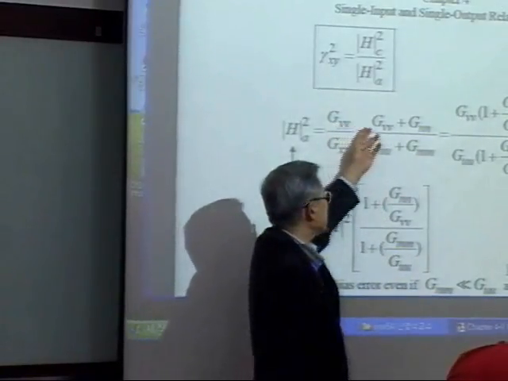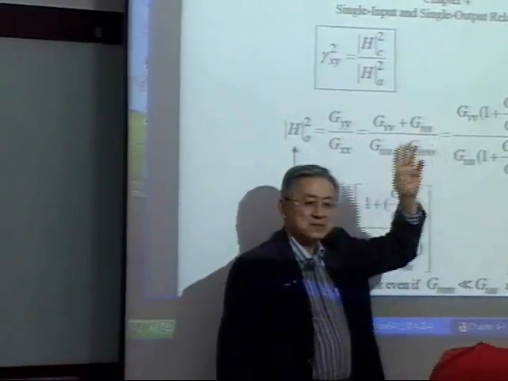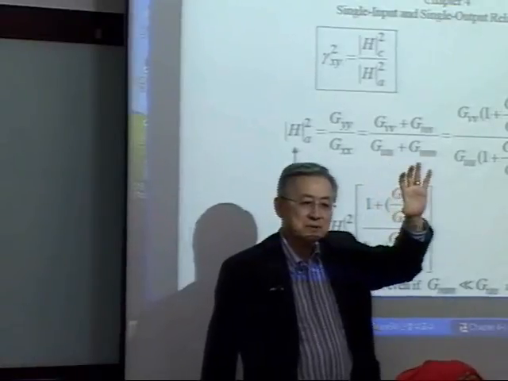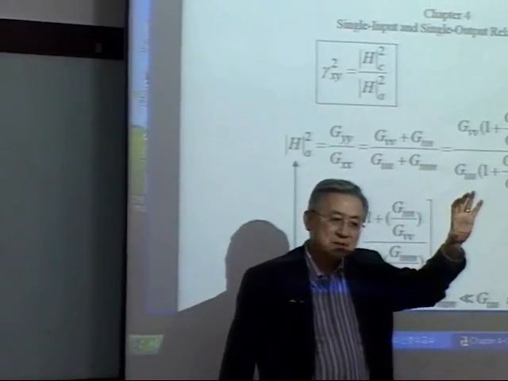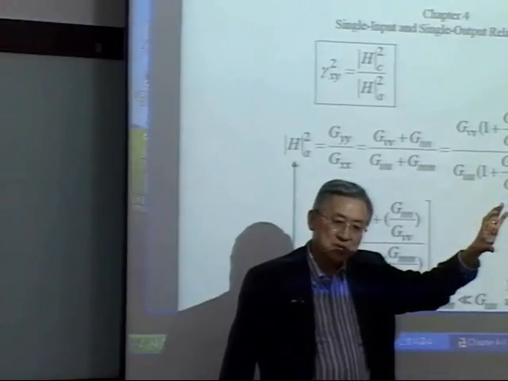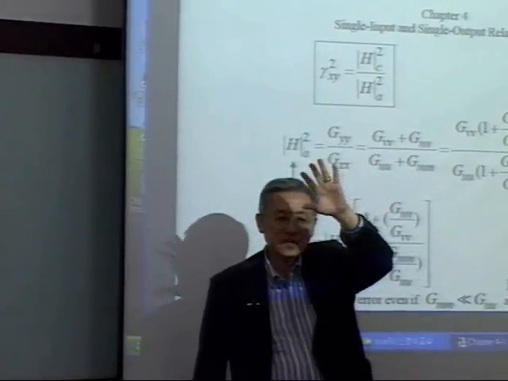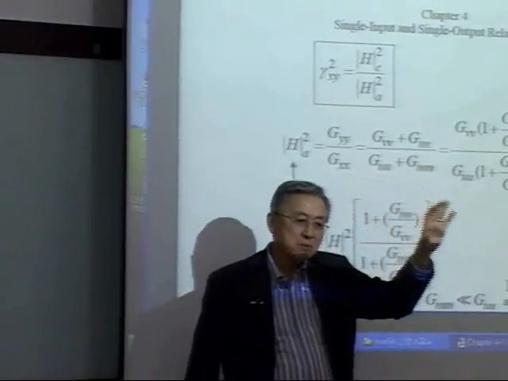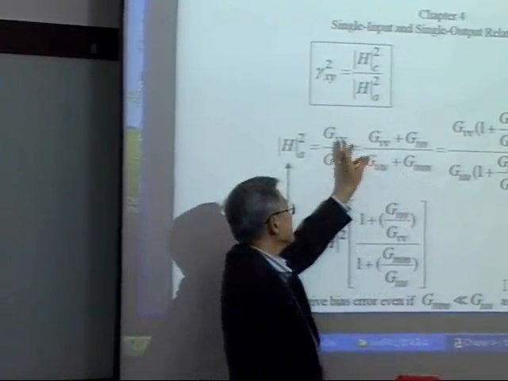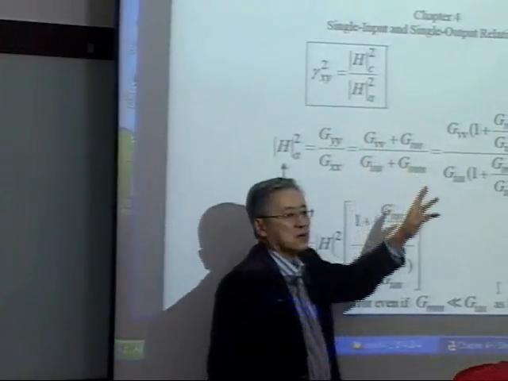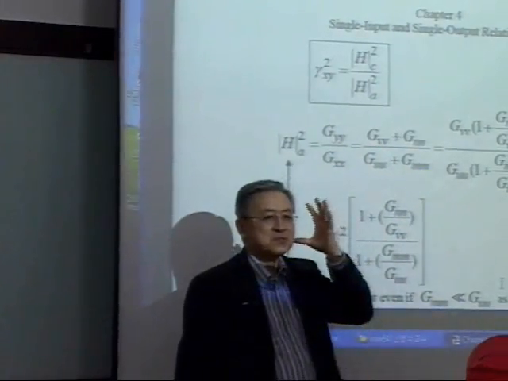How is this expressed as this? Visualize your diagram. Very simple diagram. Uncorrelated input noise M is in the input side, and also GNN in the output, N is output. Can you visualize? I always insist to visualize.